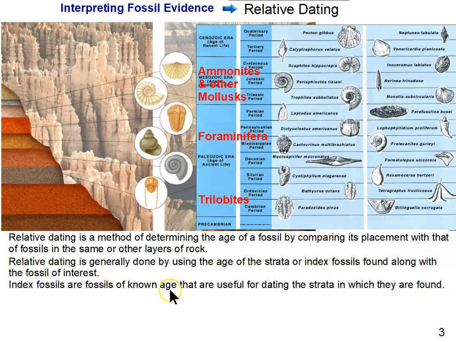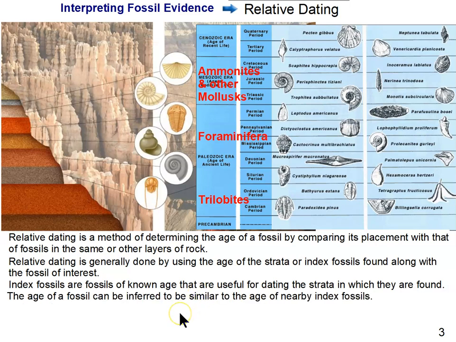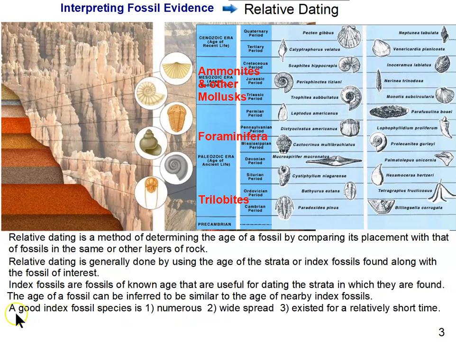They lived for a relatively short period of time, so it narrows down the time that an organism that is found with that index fossil lived. And they were very widespread. So those are basically the characteristics of a good index fossil. So again, they were very numerous, widespread, existed for a relatively short time.